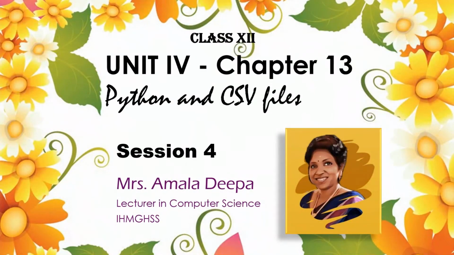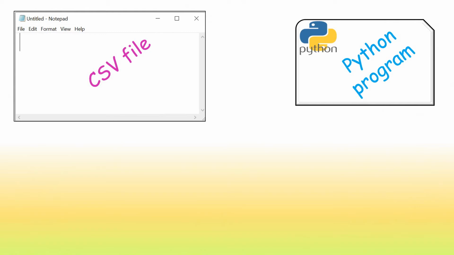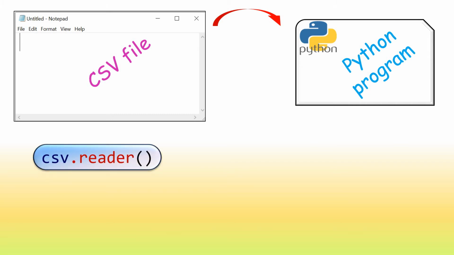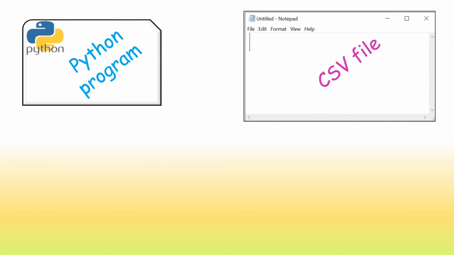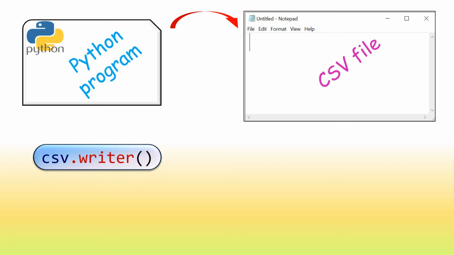In the last session, you saw how to read data from a CSV file into the Python program using the csv.reader function. In this session, we will see how to write data from a Python program into a CSV file by using the csv.writer function.